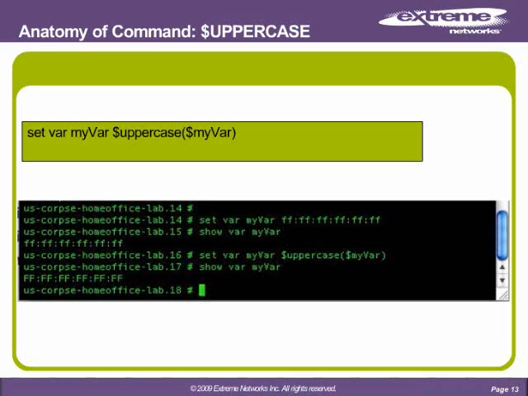Then we set myvar uppercase, passing it myvar, and the uppercase function manipulates the data inside the variable, and you reset it to that variable. And as you can see, it changed all the lowercase letters to uppercase letters. So we are showing the uppercase function, but we are also showing the idea that you can manipulate a variable in the same line and change the variable state while calling to the variable.